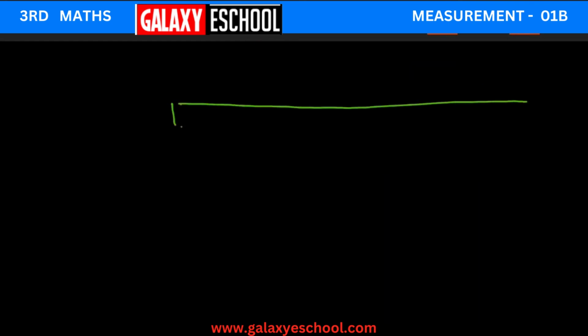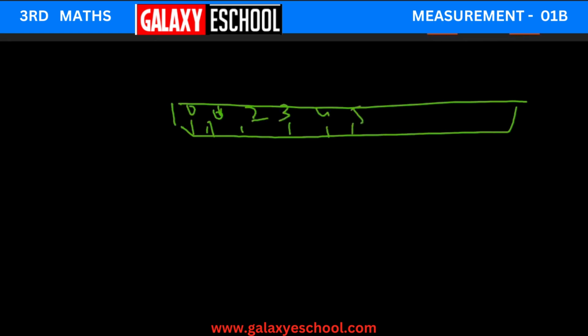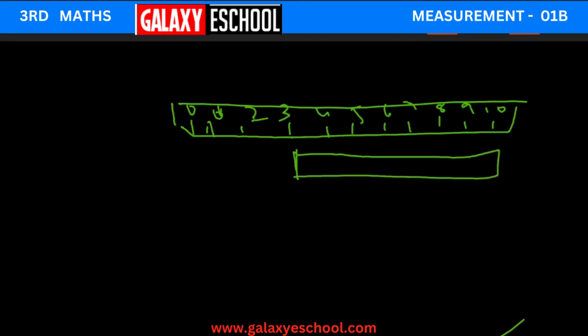Understood? Now in the same way, suppose I have another broken scale. Understood, children? And not only at 1 centimeter, you can keep the object at any centimeter. Suppose I am placing one end point of the object at 3 centimeters and the other end point is ending at 10 centimeters.